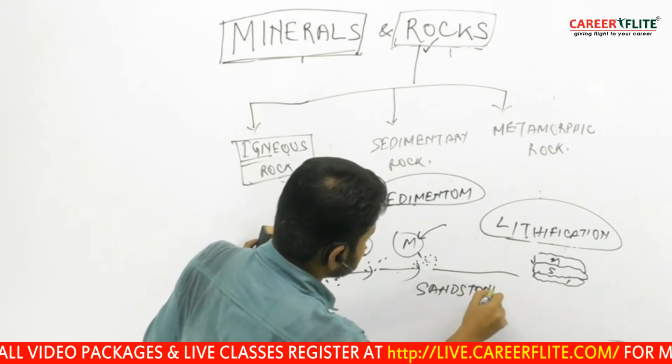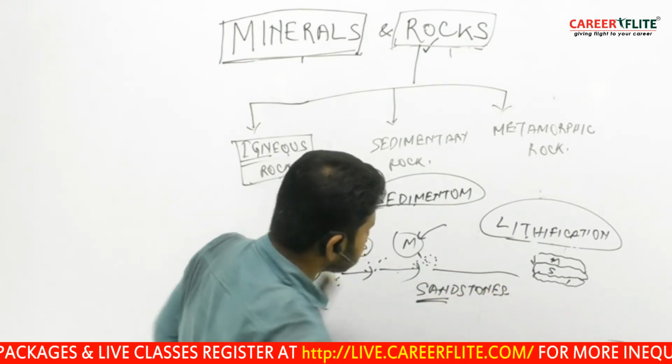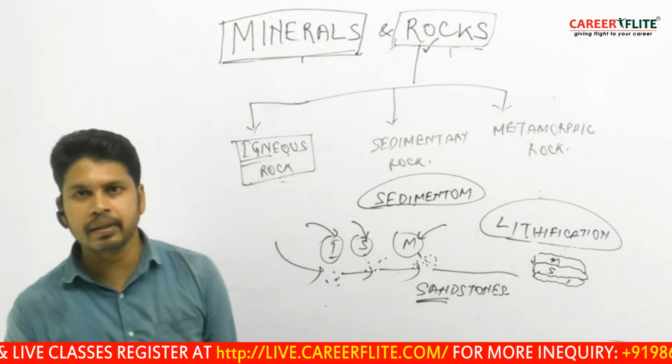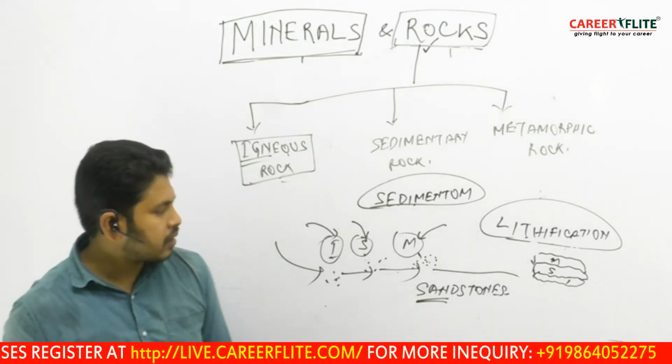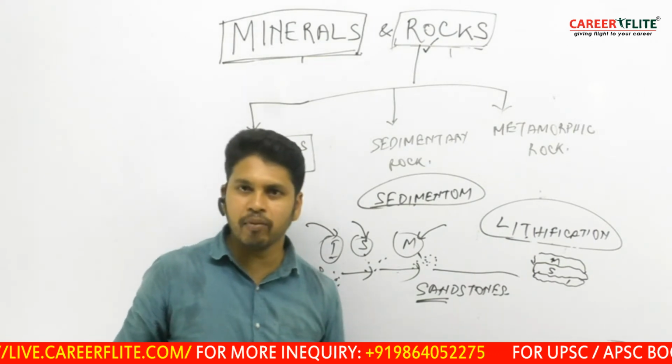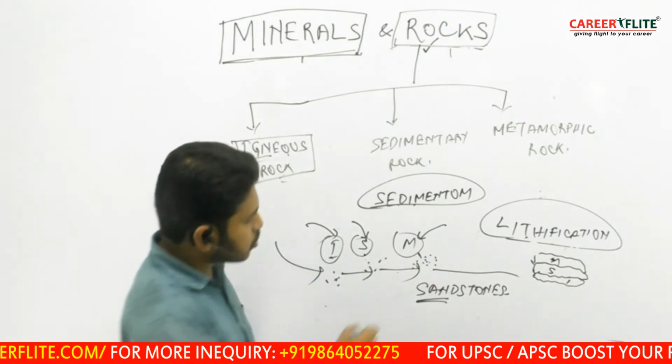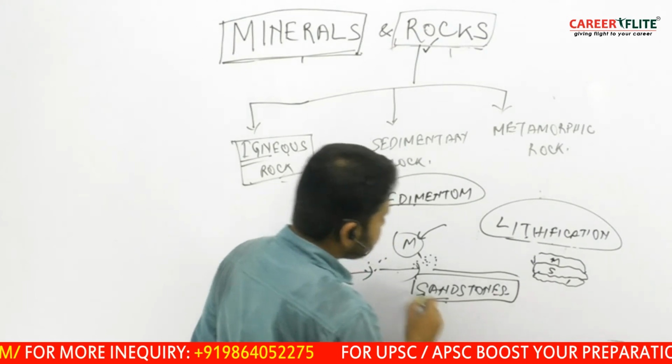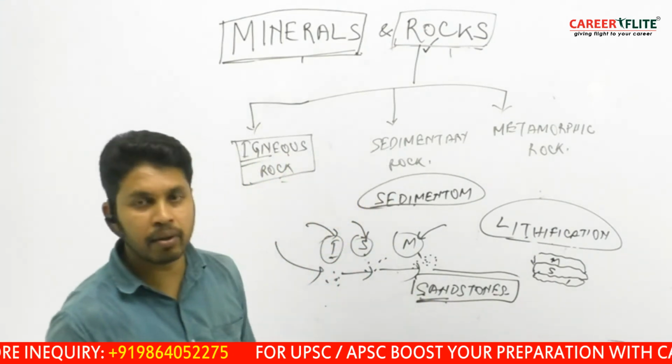If you go to old architecture from the Mughal period or Delhi Sultanate times, they are mostly made up of sandstones. If you see the Red Fort, it is mostly made up of sandstone. So sandstone is an example of mechanically formed sedimentary rock.